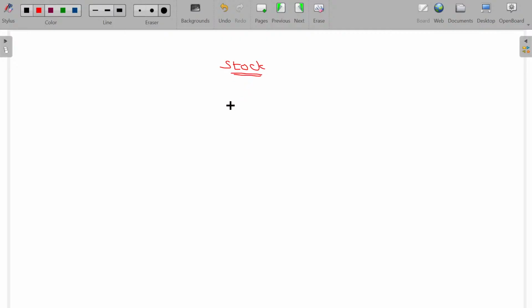Stock. When we have the closing stock, what happens? Listen. In case of stock, if it is given below the trial balance as an adjustment, or given in the trial balance, if it is given in adjustment, you can simply pass transfer entry.